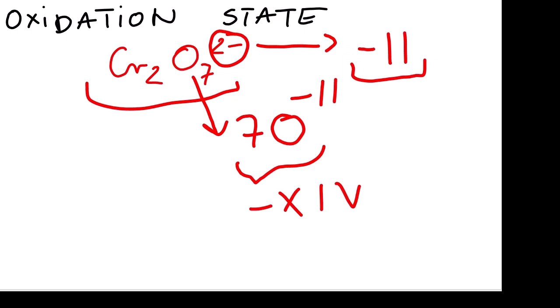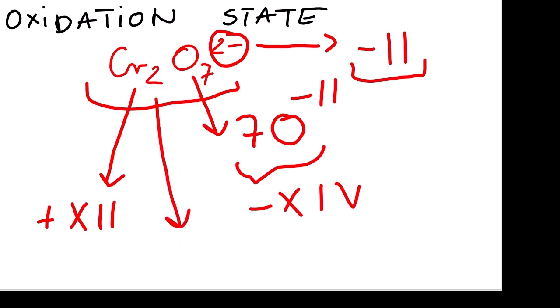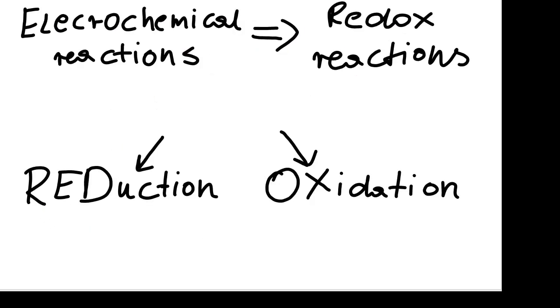The net charge should be equal to -2, so the chromium should give us +12. So every single chromium atom gives us +6, because we have 2 atoms of chromium, and 2 atoms give us +12. Okay, guys, let's go back to the redox reactions.